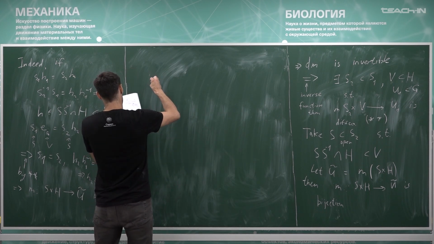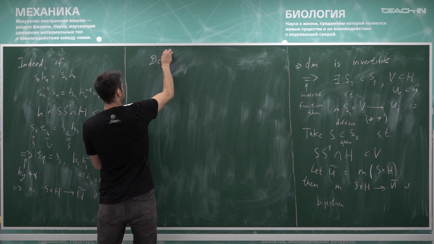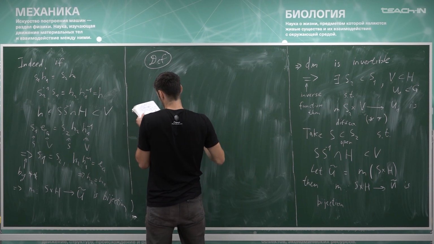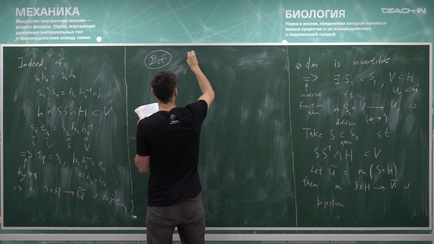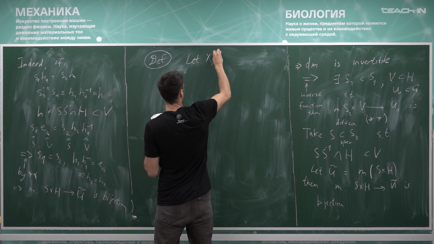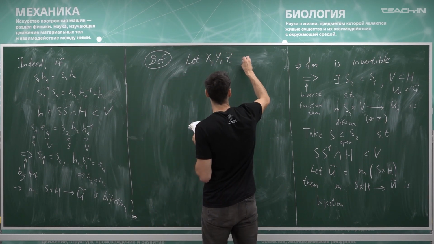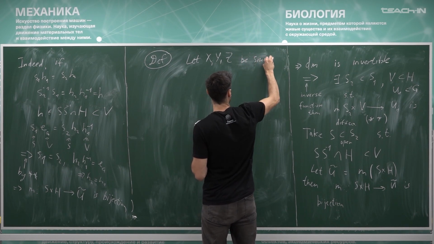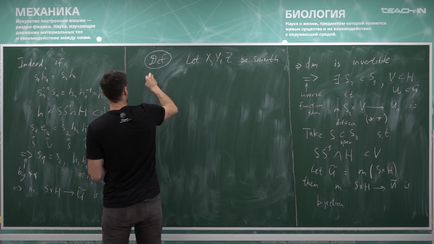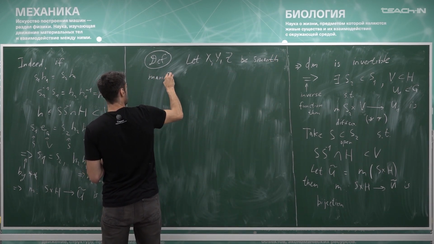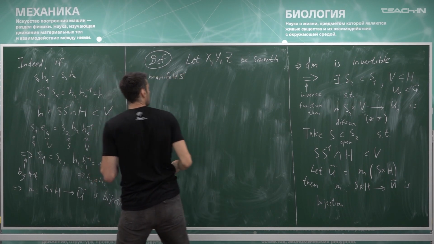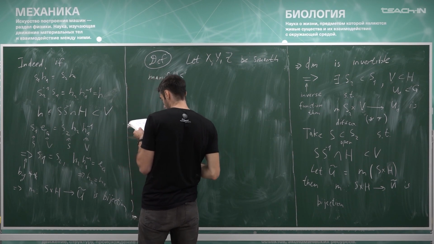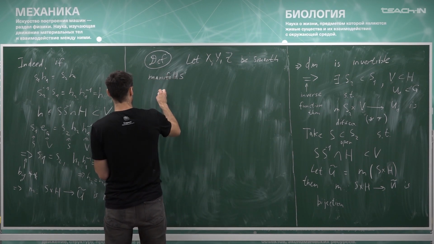Definition. Let X, Y, and Z be smooth manifolds, and suppose that we have the following picture.